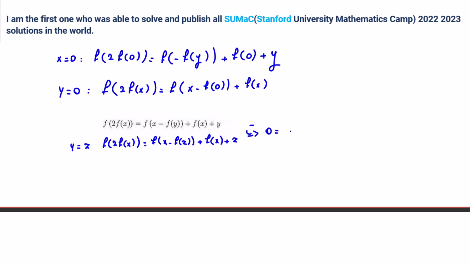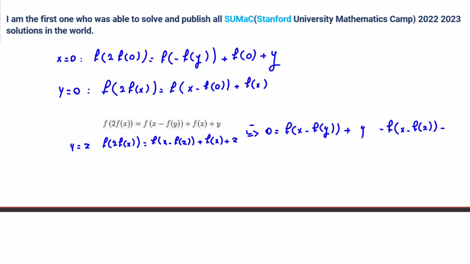So 0 is equal to what? F of x minus f of y plus f of x minus f of x minus f of z minus f of x, right? And we can cancel f of x, so y and z, right?